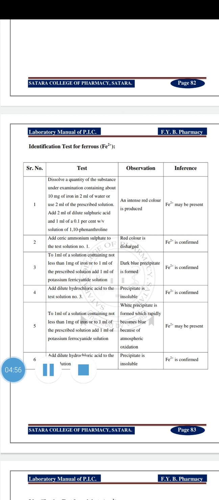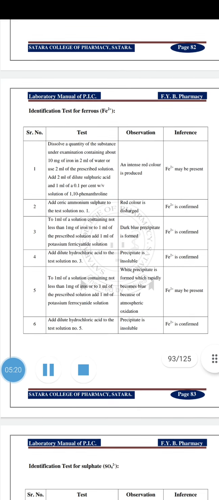Then the next test of this identification test for ferrous is to add dilute hydrochloric acid to test solution number 3. The precipitate is insoluble and ferrous is confirmed. Then take 1 ml of the solution containing not less than 1 milligram of iron or 1 ml of the prescribed solution, add 1 ml of potassium ferrocyanide solution.